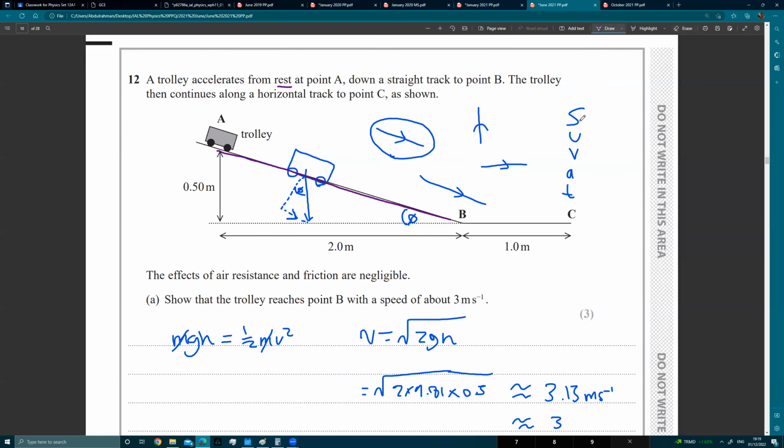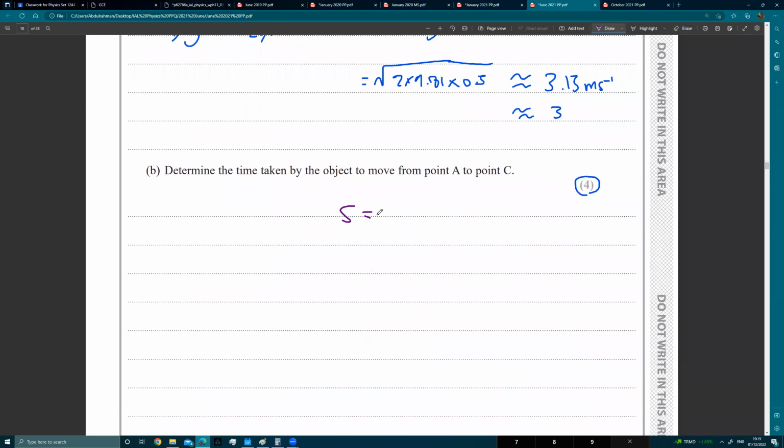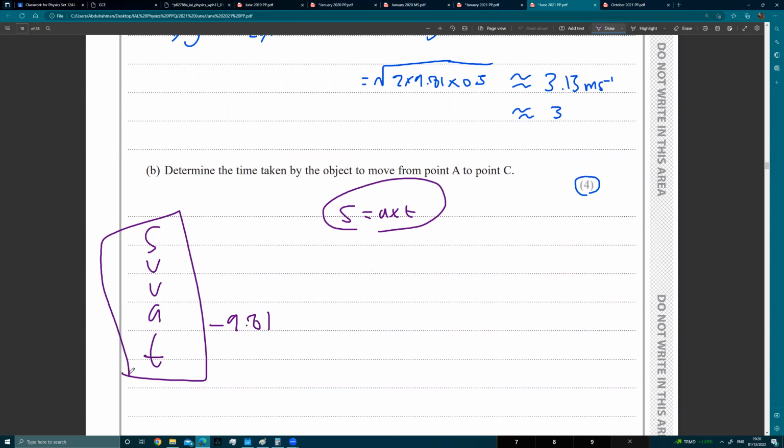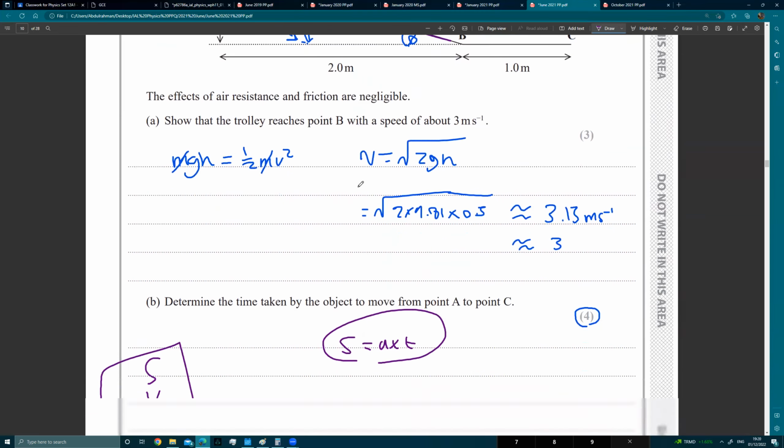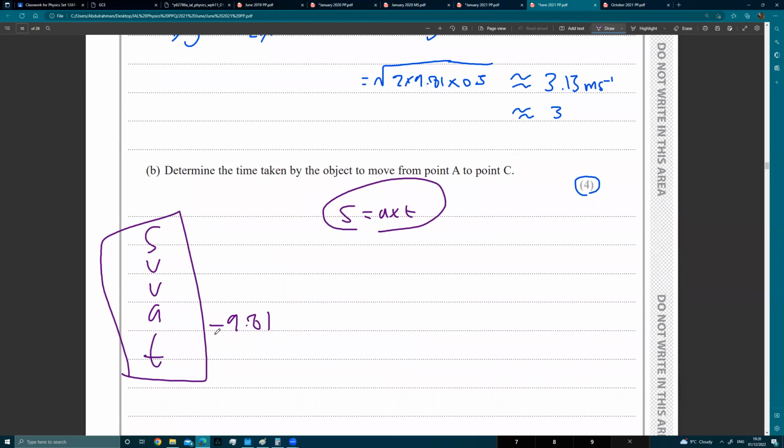But does it make sense that for this sort of question, I couldn't just do S equals UT anymore? I couldn't use that approach because A is not minus 9.81, meaning I can't do a traditional orthodox vertical SUVAT.